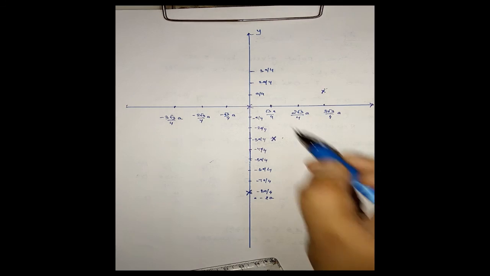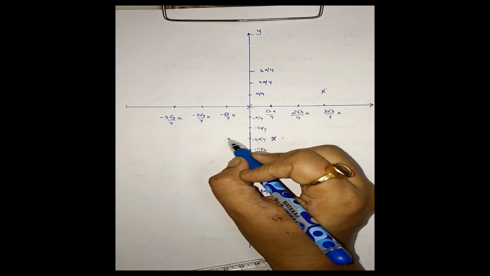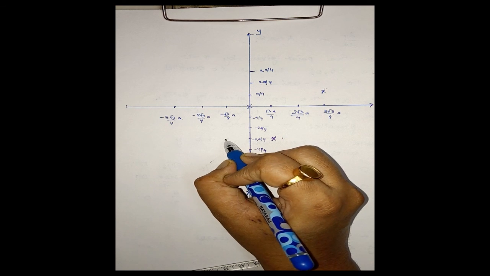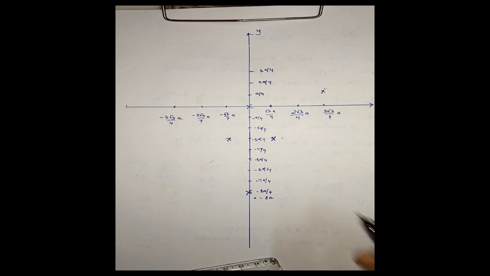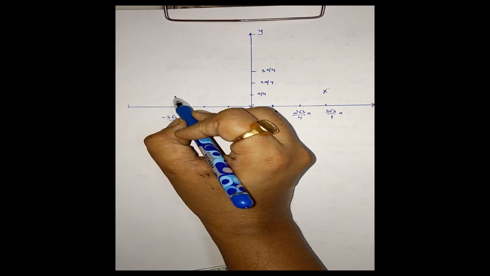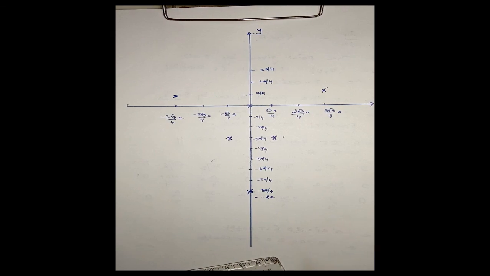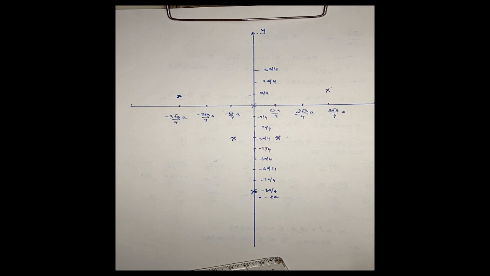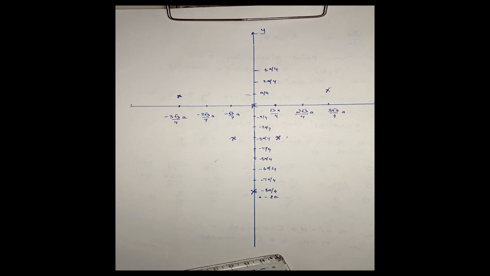Then minus root 3 by 4, at this point, and minus 3 root 3 by 4, where the value is a by 4 here. And at the point pi, we have (0, 0).